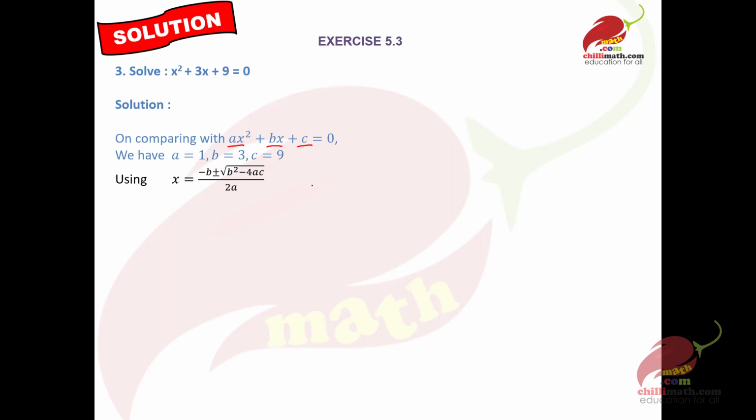Using formula to find roots and putting these values of a, b, c in this formula, we get x equal to minus 3 plus minus 3 square minus 4ac over 2a, which on solving we get minus 3 plus minus 9 minus 36, minus 27 upon 2, which in turn is equal to minus 3 plus minus 27 square root is 3 root 3, minus is inside square root, so we use iota, upon 2, which is your required answer.